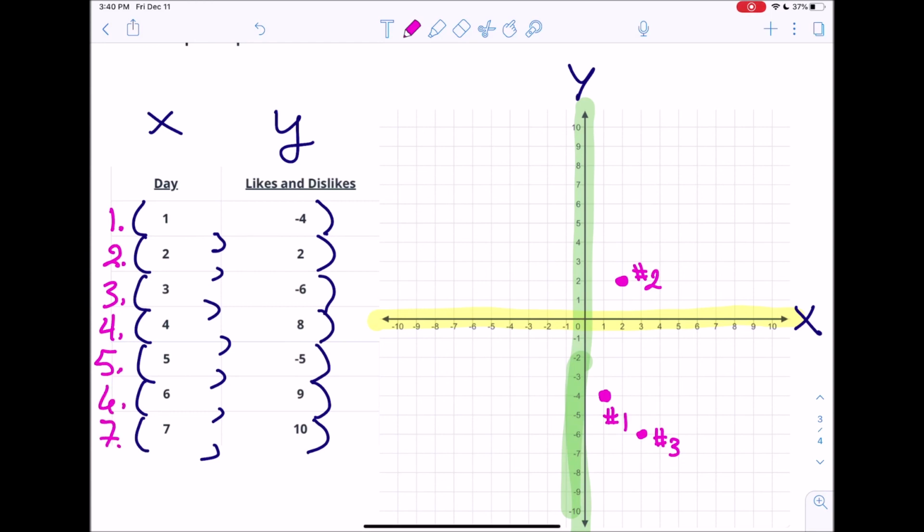Okay, so day 4 is 4 and 8. Day 5 is 5 and -5. Day 6 is 6 and 9.